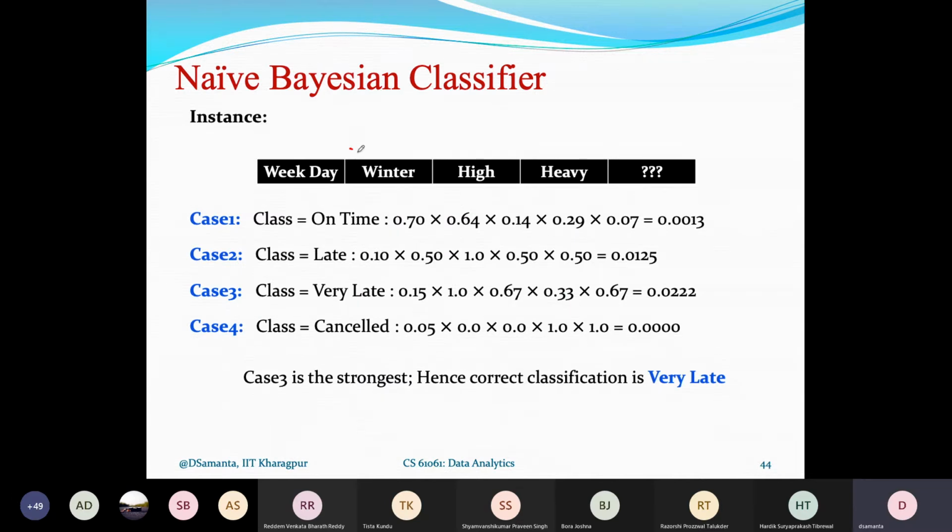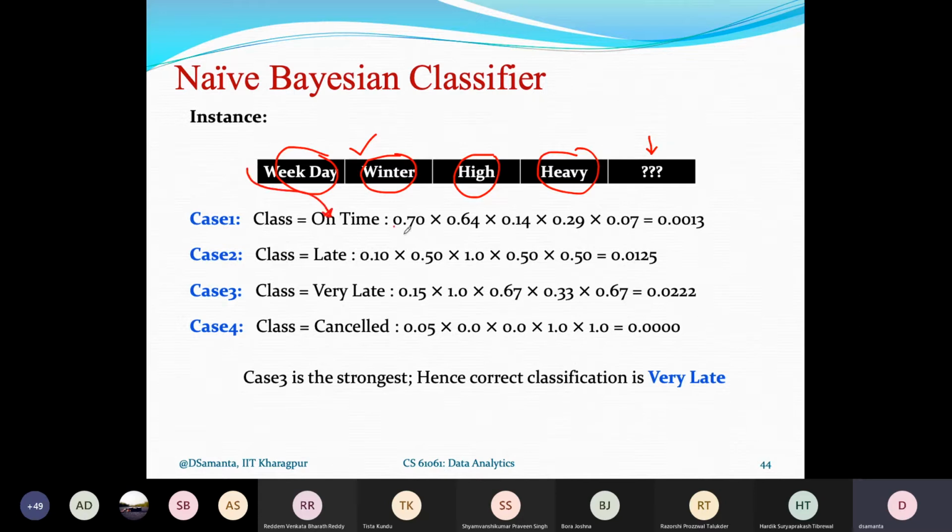Suppose this is your test data. The test data says that day has the value weekday, season is winter, fog is high, and rain is heavy. So we have to predict which class this data belongs to. First of all, we consider the probability that this data belongs to the on-time class.